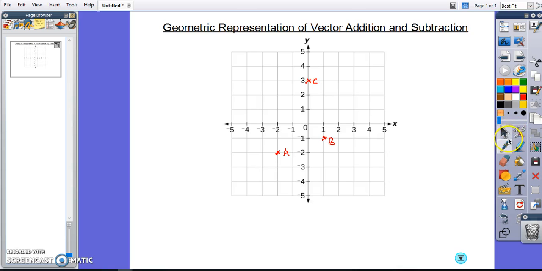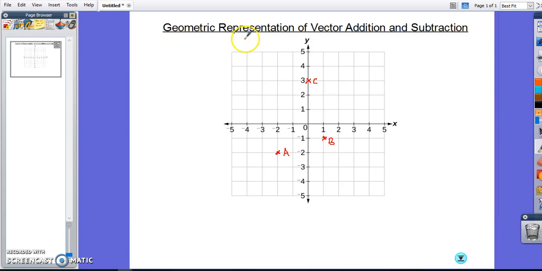Okay, so in this video we're going to look at the geometric representation of vector addition and subtraction. Now, we've already looked at the geometric representation of vectors, vectors being represented as arrows on a coordinate system, just like this one. And we've also looked at addition and subtraction of vectors outside of the geometric representation.